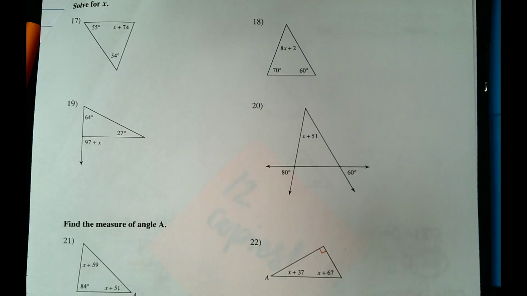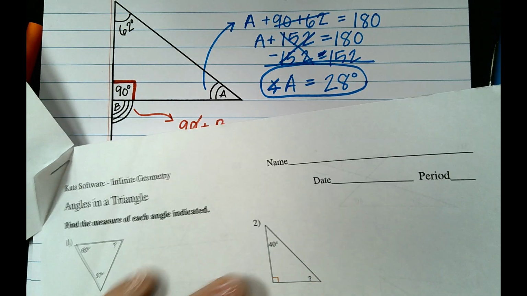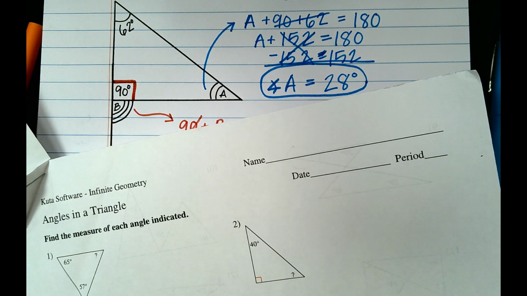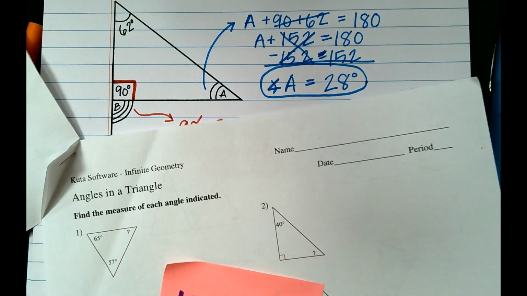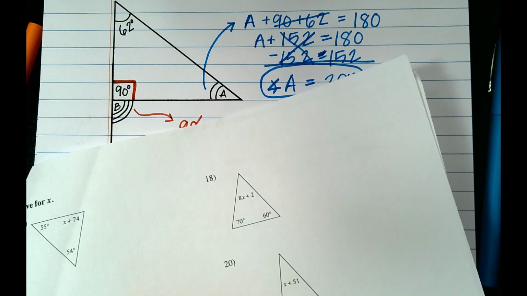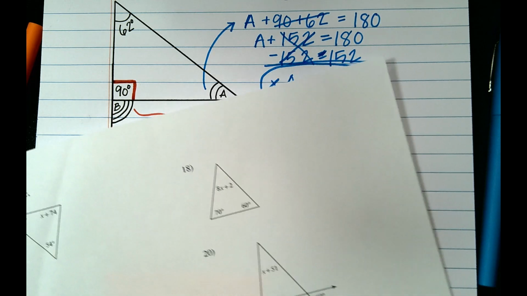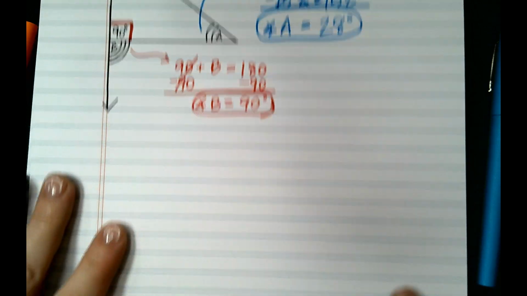Okay, so let's see. One where you wouldn't set it equal to 180 is if you have angles that are equal to each other. So let me give you an example of that.